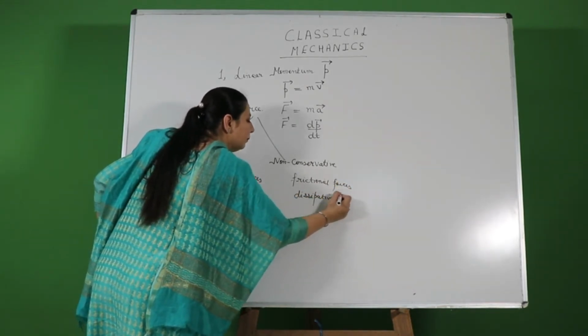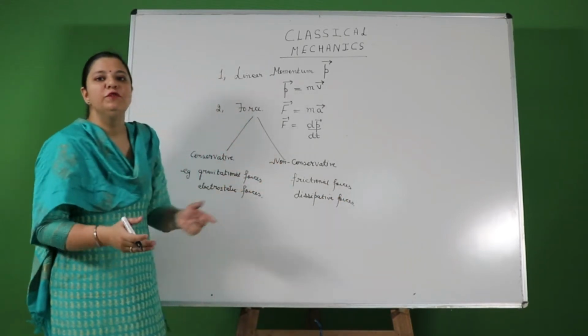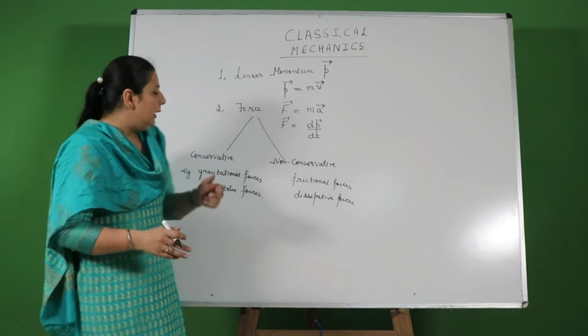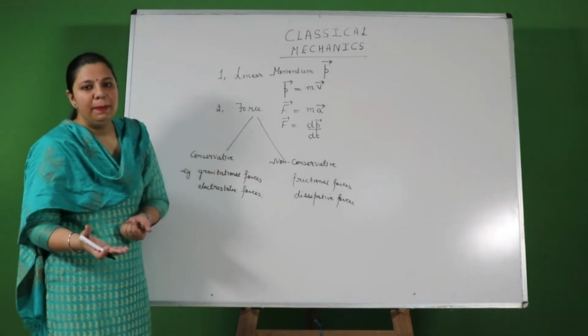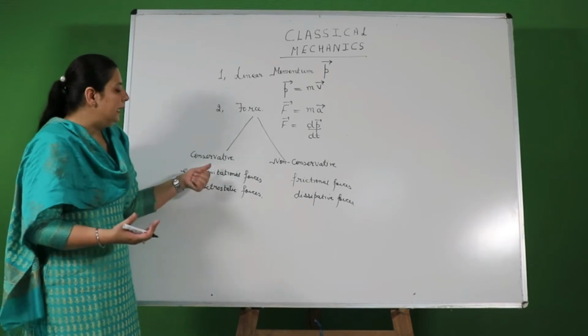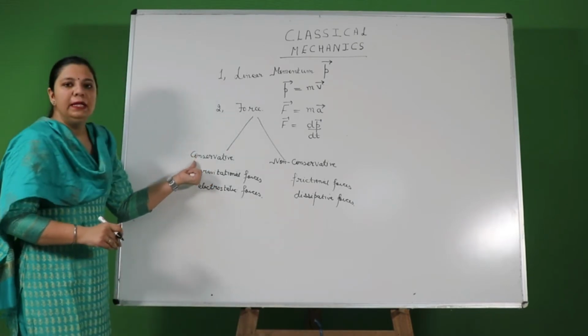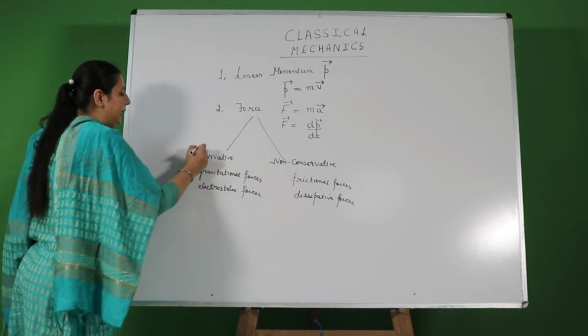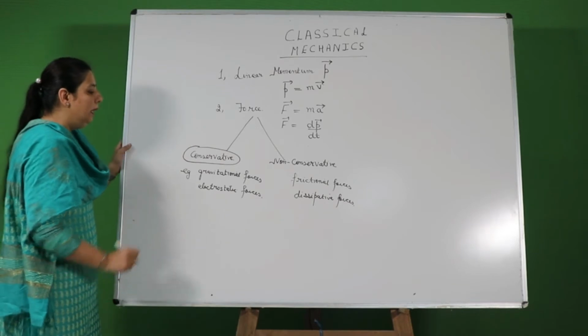So non-conservative forces are those for which work done depends upon the path. Conservative forces are those for which work done is independent of the path and depends only upon the initial and the final position. Okay. For most of the time in classical mechanics, we will be dealing with the conservative forces. So let's study more about them.